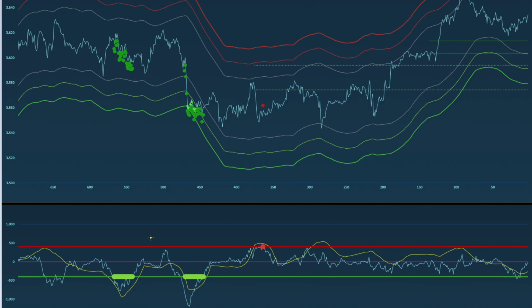So let's jump right into it. Like I said, you don't look at Momo 1, this blue line. You just need to monitor the slower one, which is Momo 2, because accumulated transactions are moving a bit slower than the order flow, which is that blue indicator.